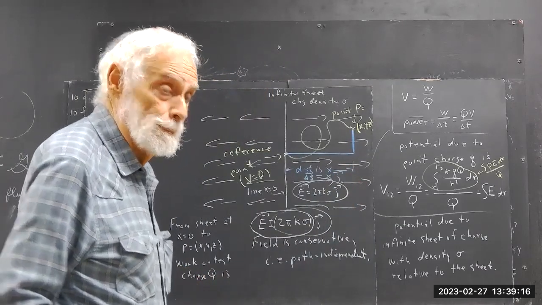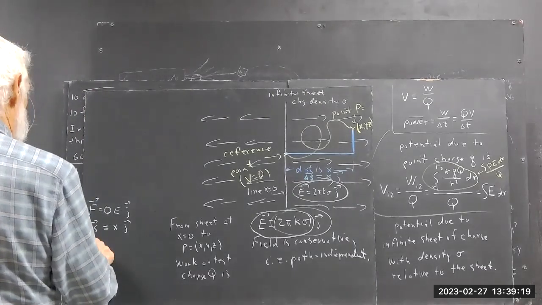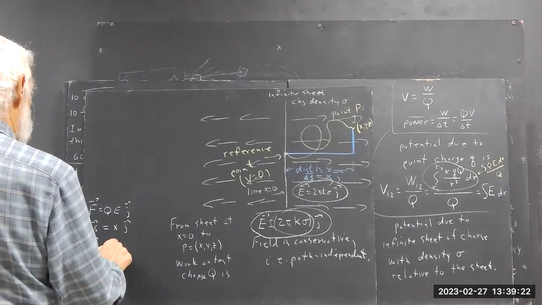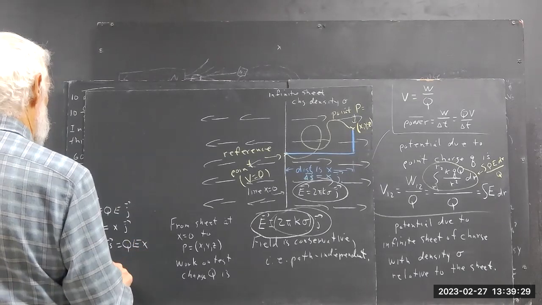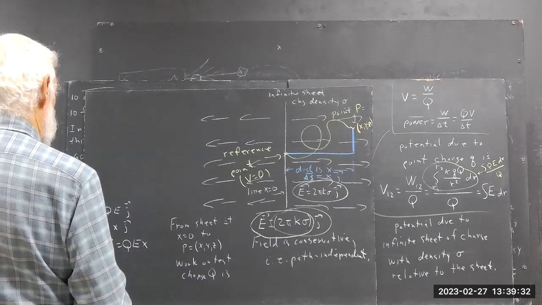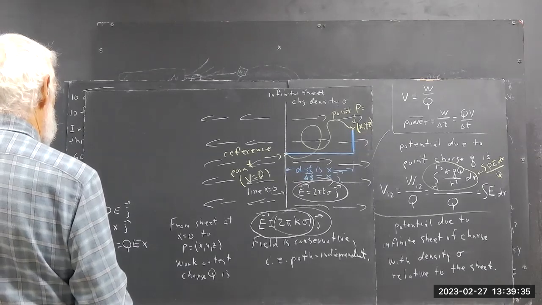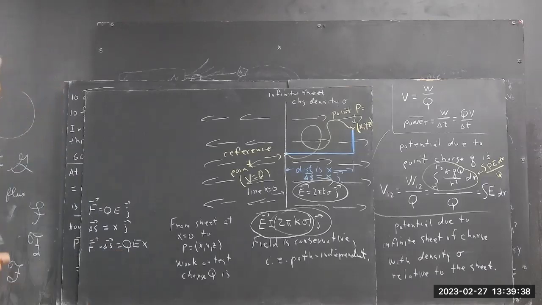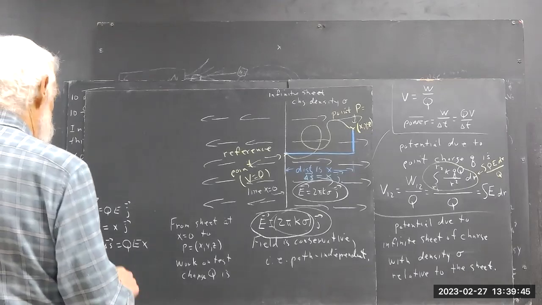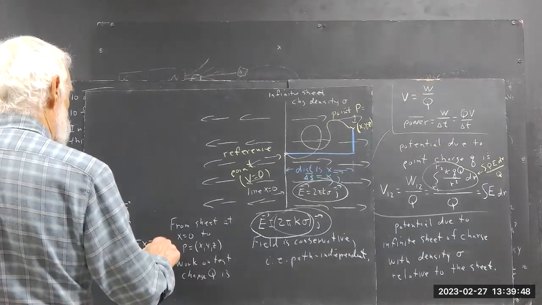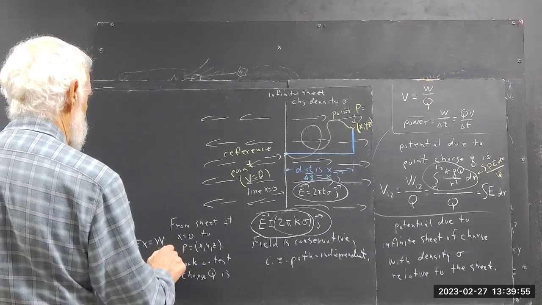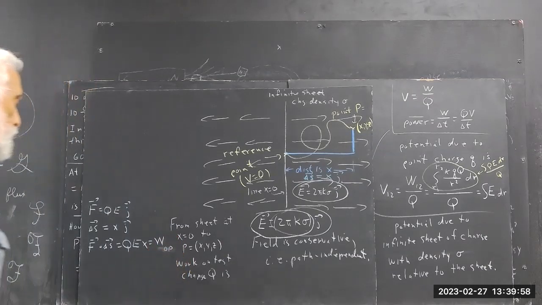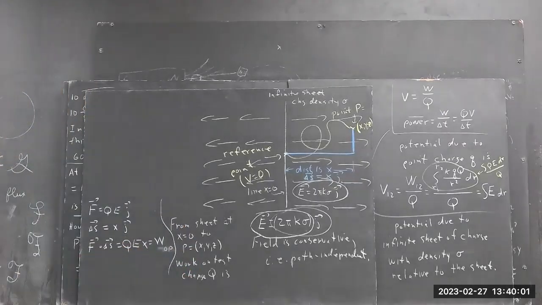So the work is QE times x. That's the work, say from 0 to x. But that's the number.